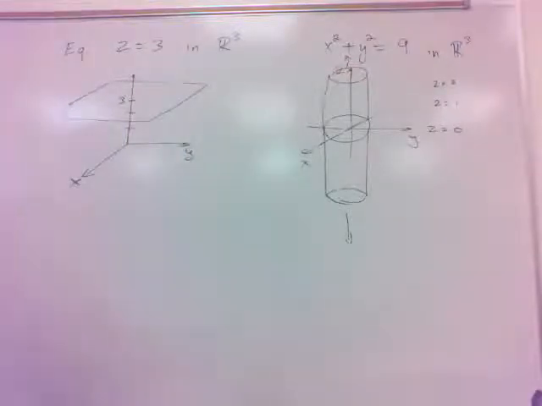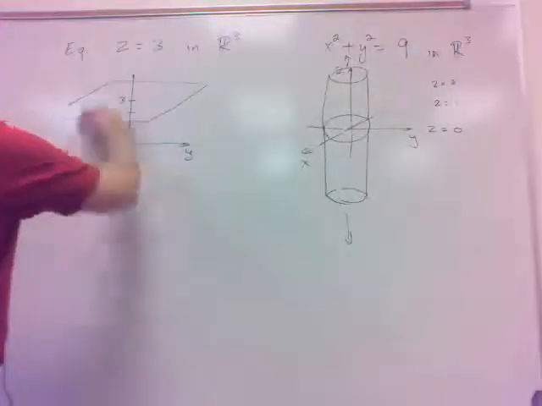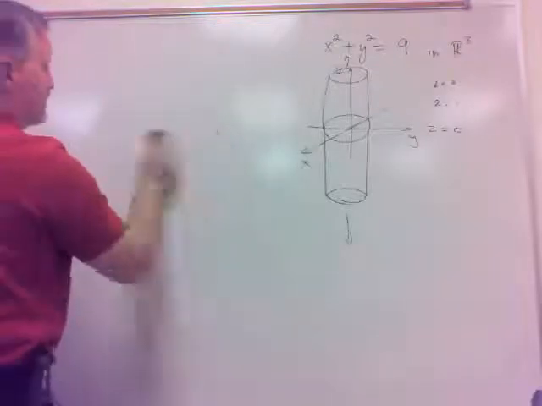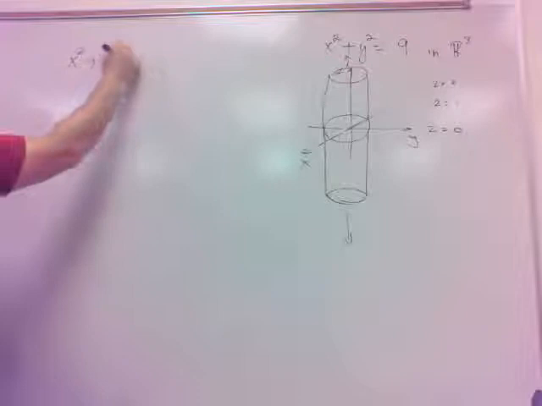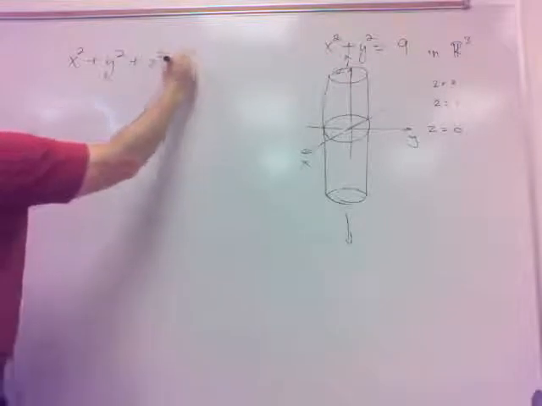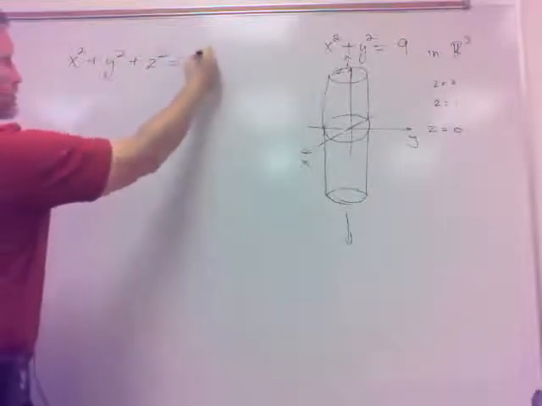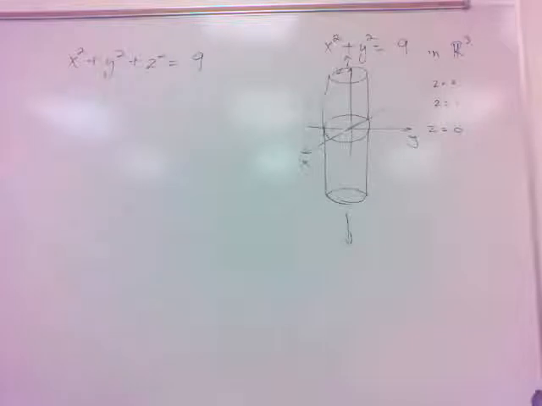While we're on it, if we go ahead and add the z squared in with that, well, that's another story, because now we've got all 3 variables in the equation.